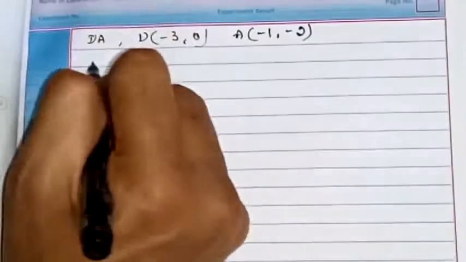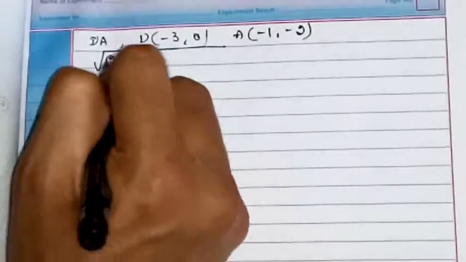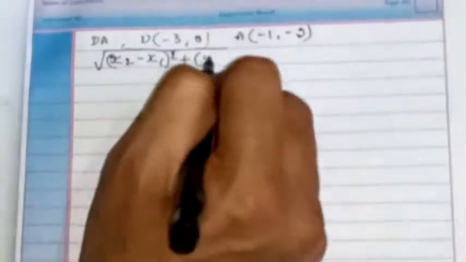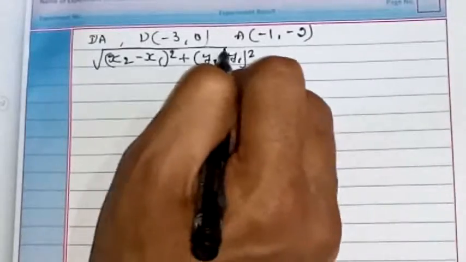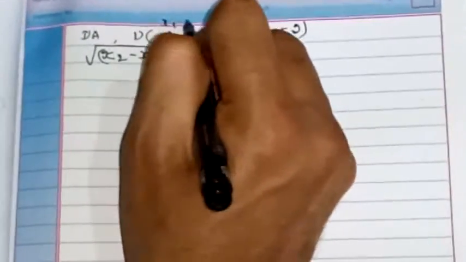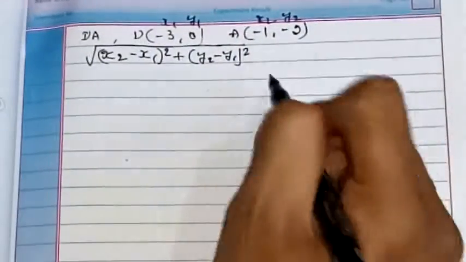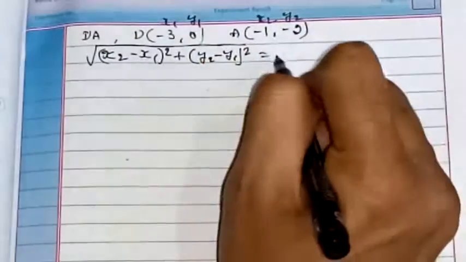So what is the distance formula? Square root of x2 minus x1 whole square plus y2 minus y1 whole square. Right? So now as usual, write down this as x1, y1, and this as x2 and y2. Right? Now apply the values to the formula.